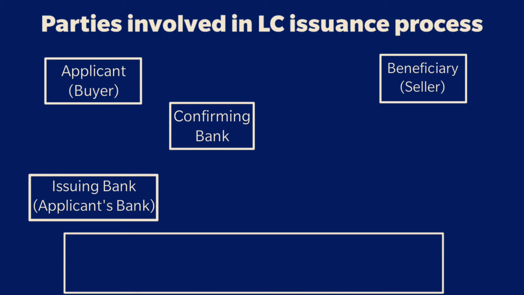Now, the beneficiary can use various banks or only one bank at their end. According to the works, the beneficiary's bank can be an advising bank, negotiating or nominated bank. The beneficiary can also use only one bank for all these works.